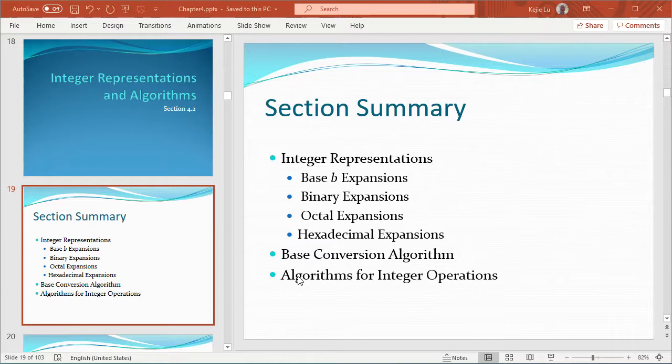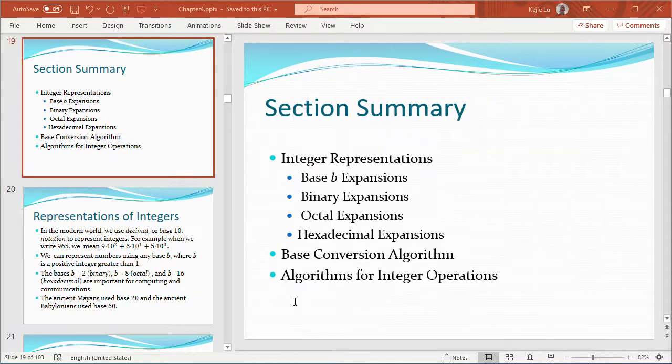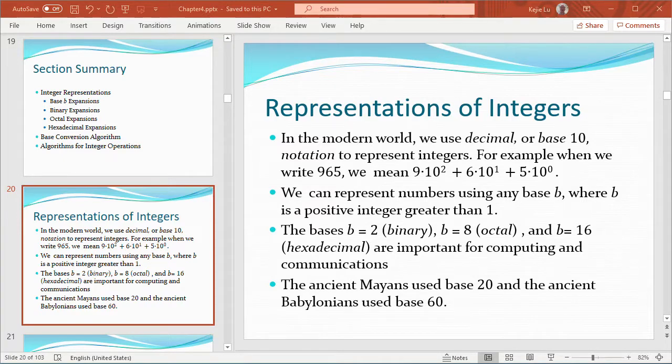Some of them are very important because this efficient algorithm is required to implement some particular systems like cryptographic systems. All right, so let's go to the board.